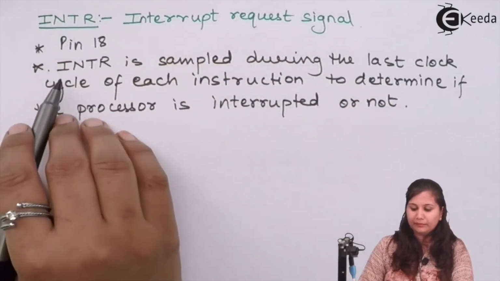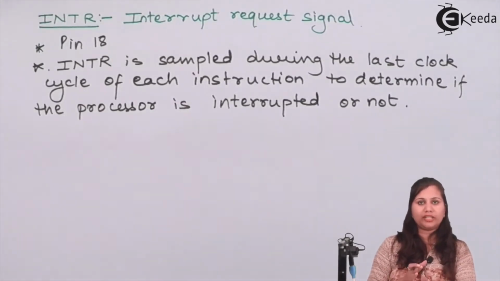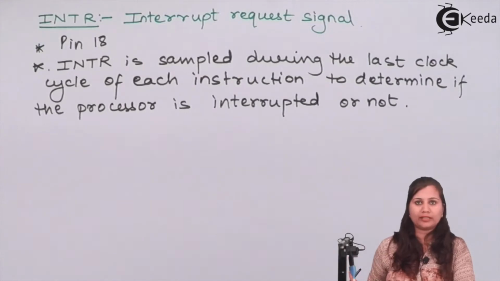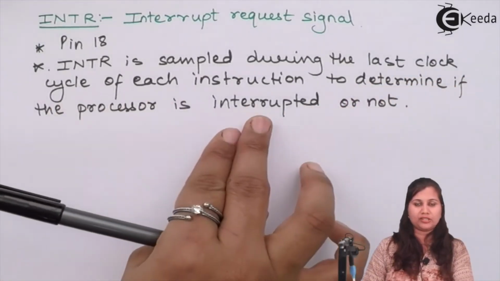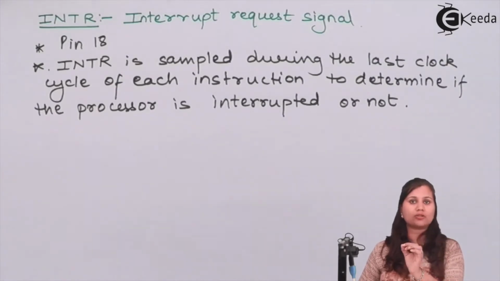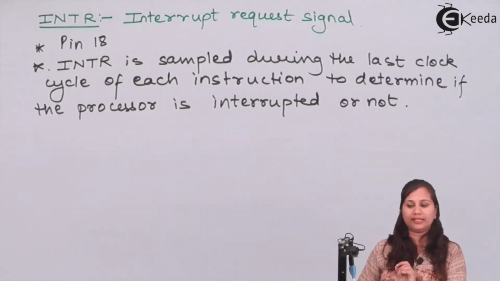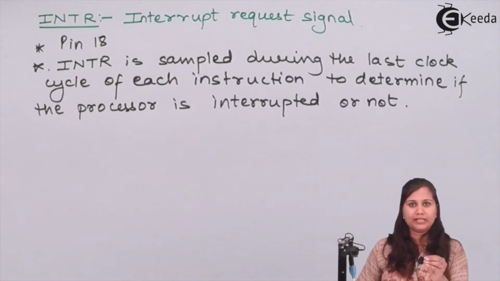Now suppose the microprocessor is executing an instruction. The instructions are executed in the form of clock cycles. So when the microprocessor reaches the last clock cycle of each instruction, at that last clock cycle this pin INTR will be checked.